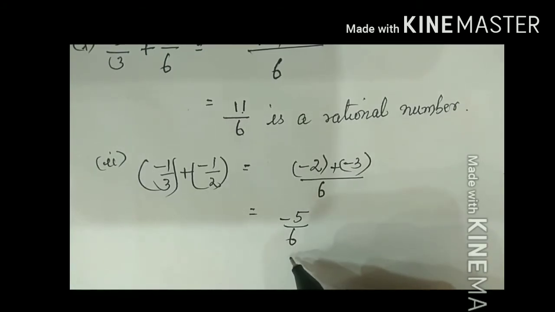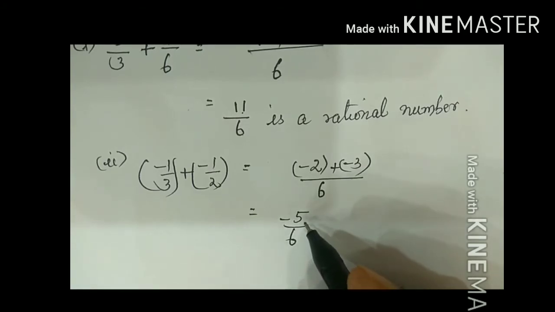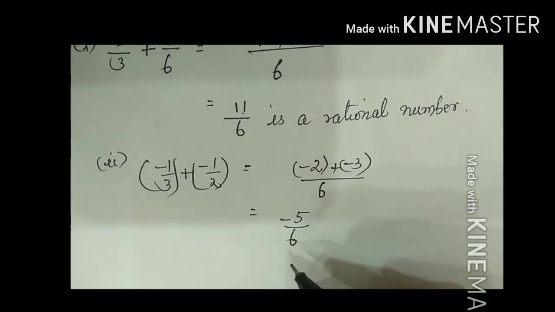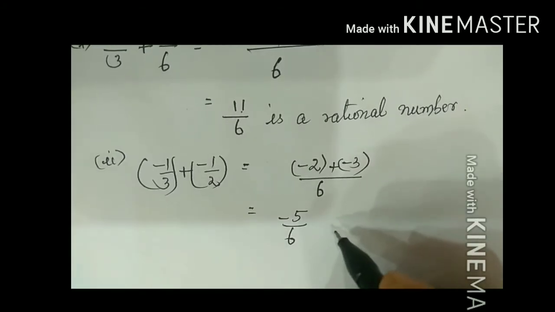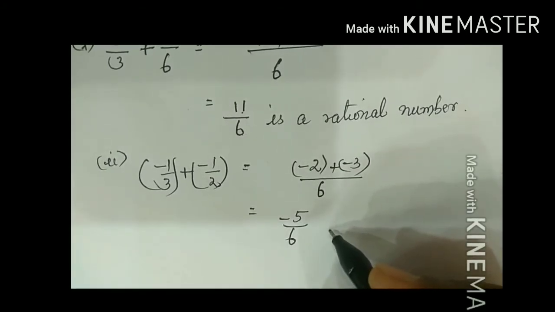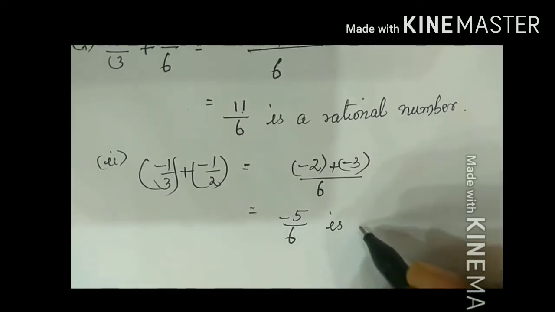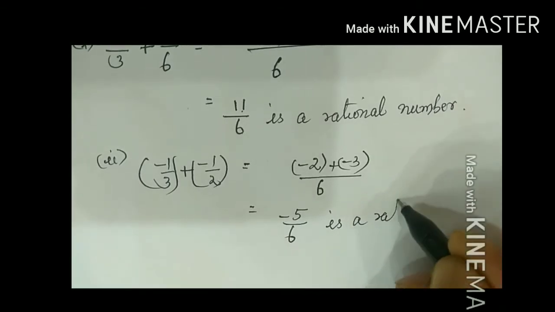Now, see, the sum is minus 5 by 6. Is it a rational number? What's the definition of a rational number? It is in the form of P by Q, where P and Q are integers and Q is not equal to 0. So we can conclude that minus 5 by 6 is also a rational number.